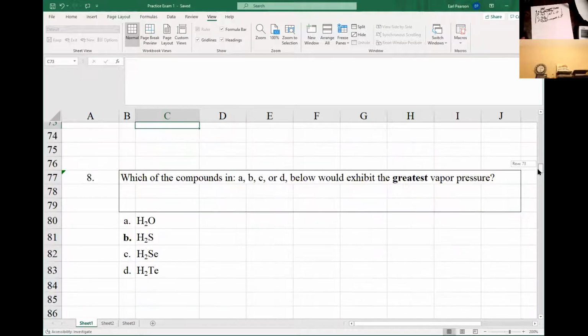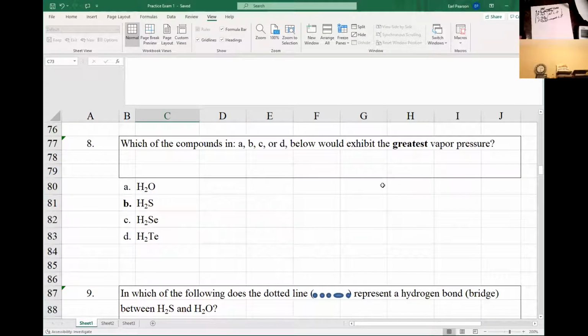Okay. Moving right along. Which of the compounds A, B, C, D, the ones up there in that other question, has the highest vapor pressure? Now, remember, vapor pressure goes opposite to intermolecular force. So the one with the lowest vapor pressure is going to be the one with the highest intermolecular force.